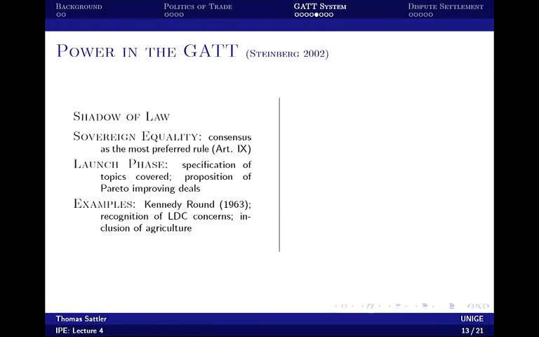So this is bargaining in the shadow of law, because we treat everybody the same, and we try to find an agreement that's Pareto optimal, that makes everybody better off. But then this changes later in the bargaining procedure.